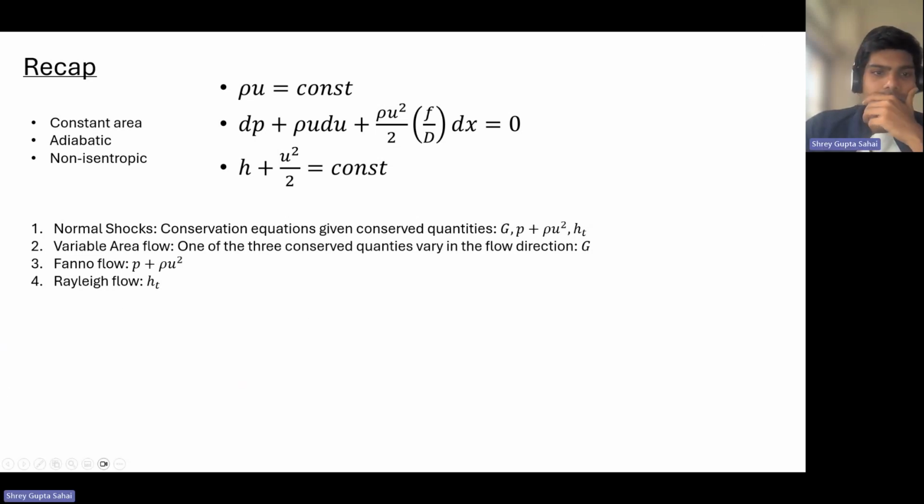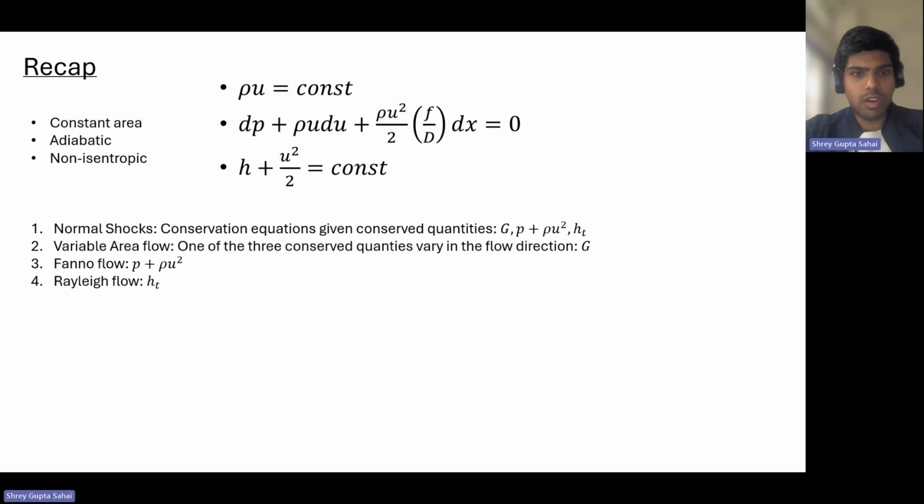Coming back, let me open lecture 9 again. The next thing that we discussed was Fano flow. We discussed the shape of a Fano curve: how do we get a Fano curve, and how do we get the generalized shape?